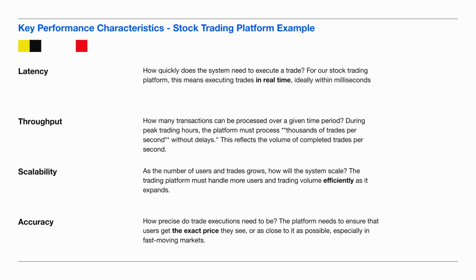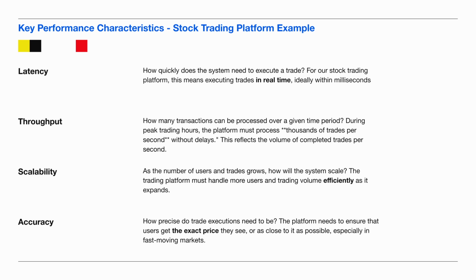Throughput: how many transactions can be processed over a given time period? During peak trading hours, the platform must process thousands of trades per second without delays. Scalability: as the number of users and trades grows, how will the system scale? The trading platform must handle more users and trading volume efficiently as it expands.